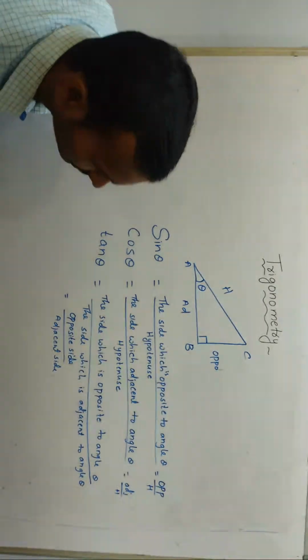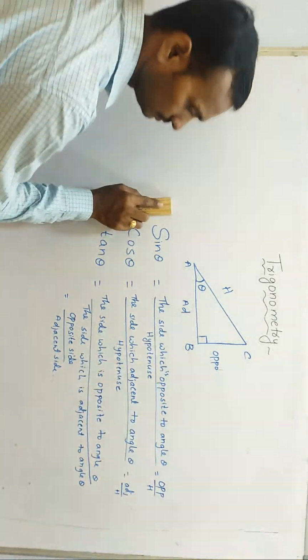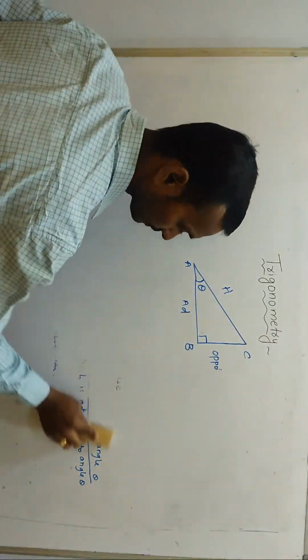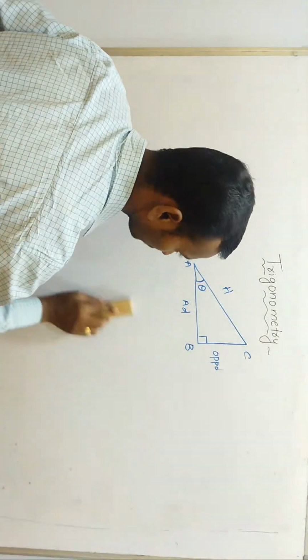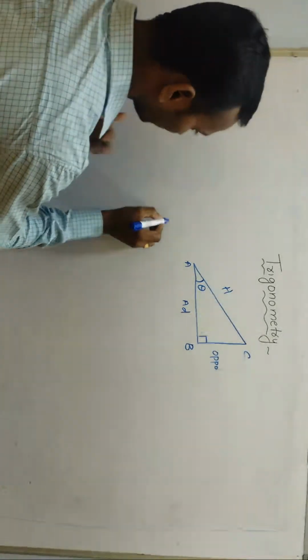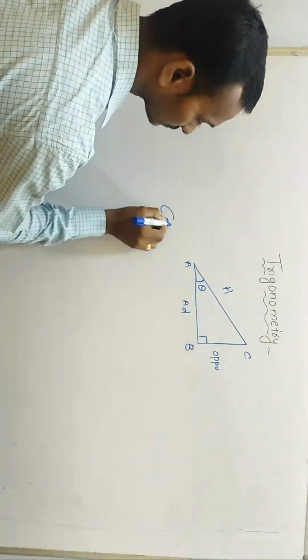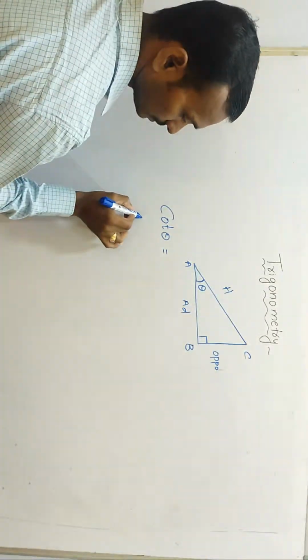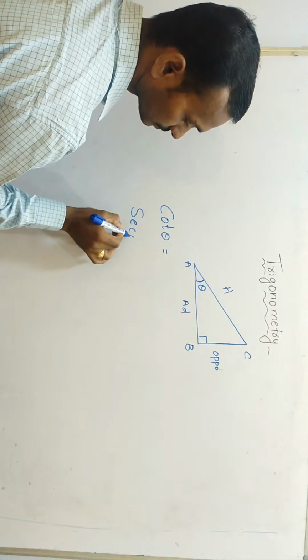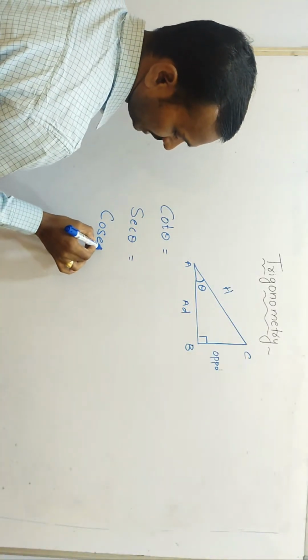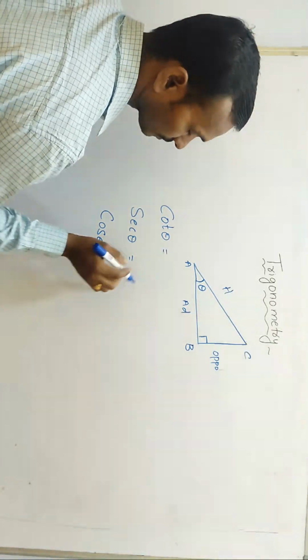So another three trigonometric ratios are cot theta, secant theta, and last is cosecant theta, cosec. What is cot?